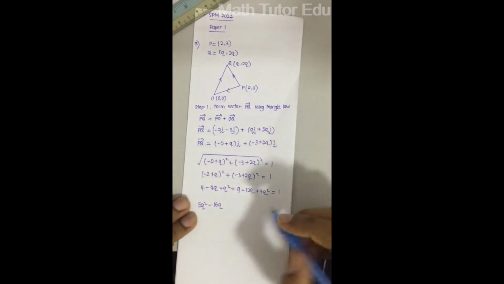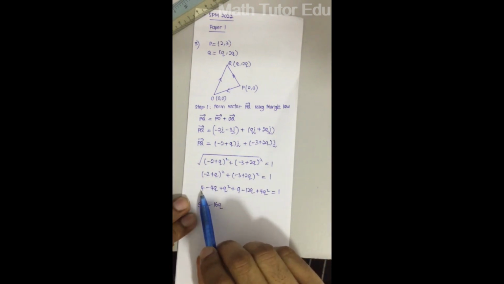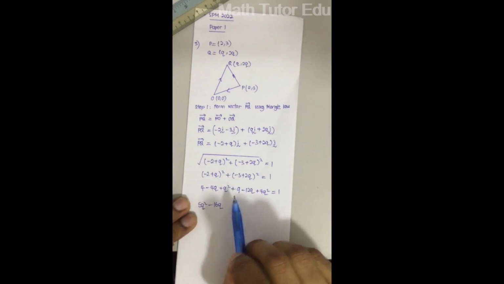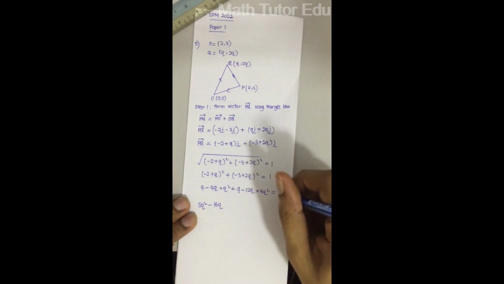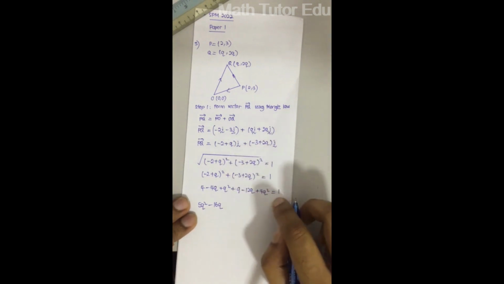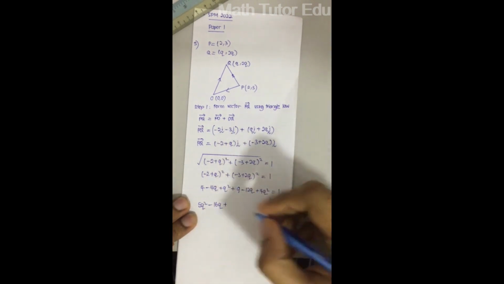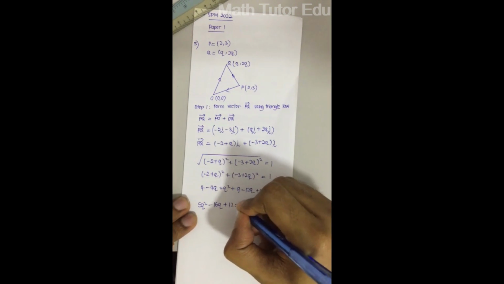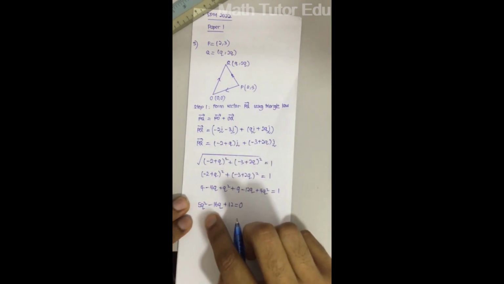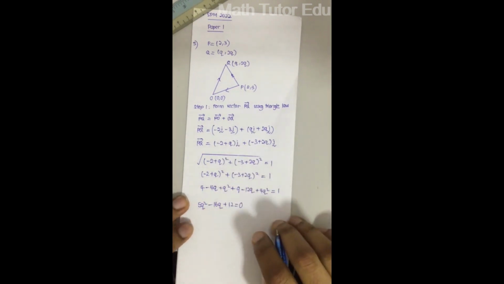Then 4 plus 9 you get 13, and then the 1 from the right-hand side you move over to the left-hand side, so 13 minus 1 is 12. So you get 5q squared minus 16q plus 12 equals 0.